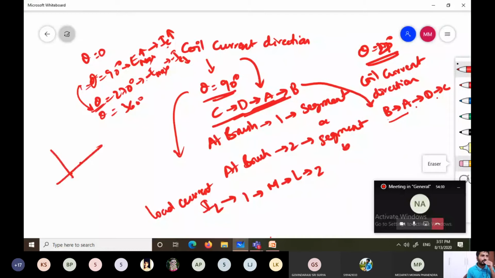This is theta equals 90, where you can see a positive I max. This is 180, and this is theta equals 270, where you are having a negative maximum.